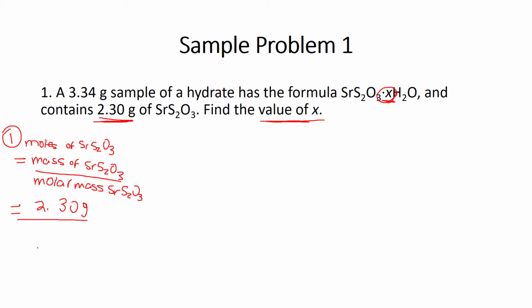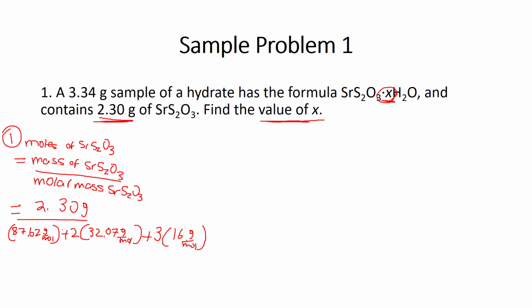So the molar mass of just Sr right here would be 87.62 grams per mole, and there's only one atom of Sr, plus there are 2 sulfur atoms, so we're going to put 2 in front of it, and the molar mass of sulfur is 32.07 grams per mole, plus there are 3 oxygen atoms, so we write 3 in front of it, and the molar mass of oxygen is 16 grams per mole.